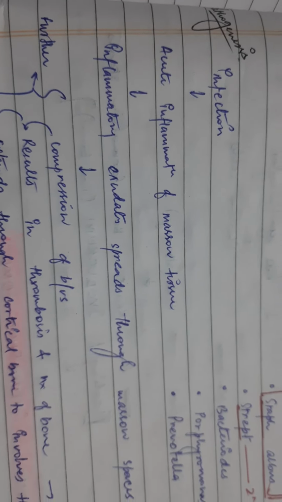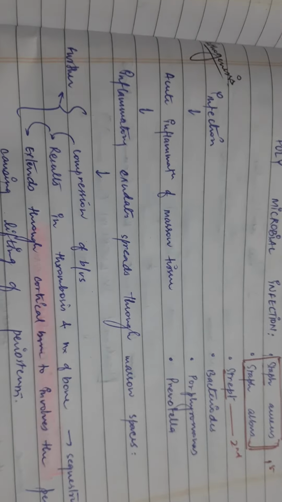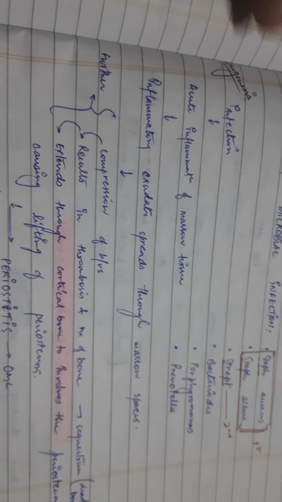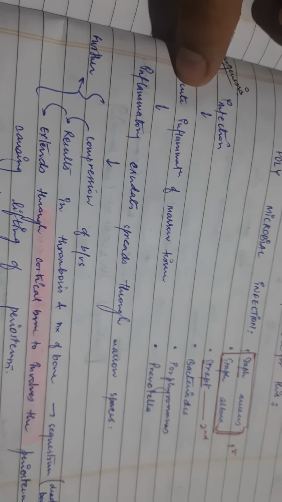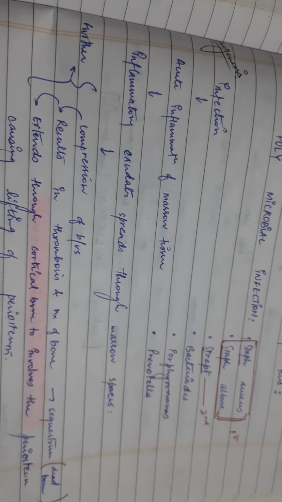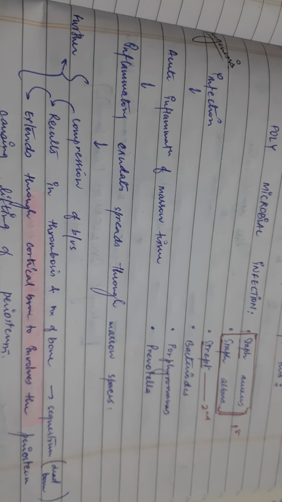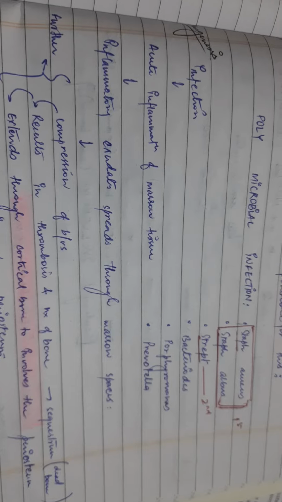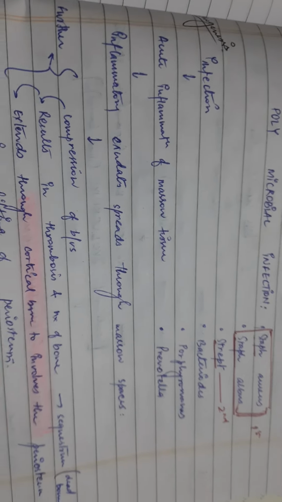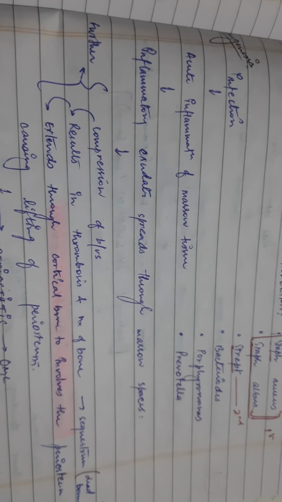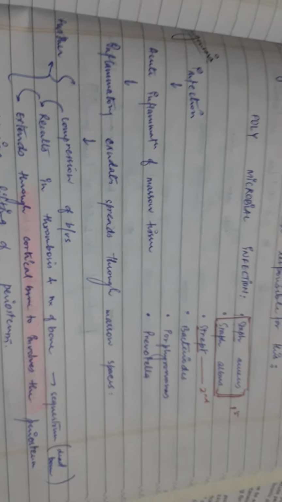Then pathogenesis: infection, acute inflammation of marrow. Inflammatory exudate spreads through the marrow spaces.